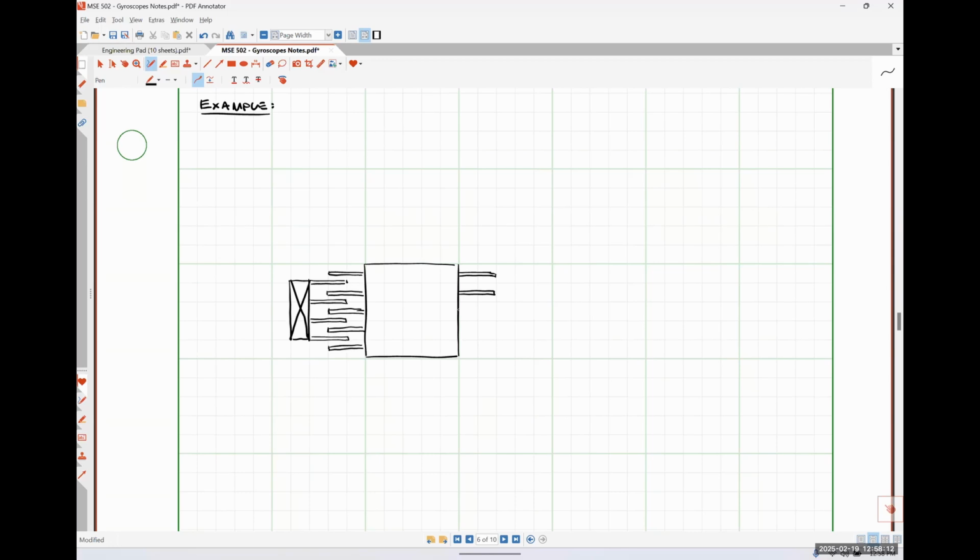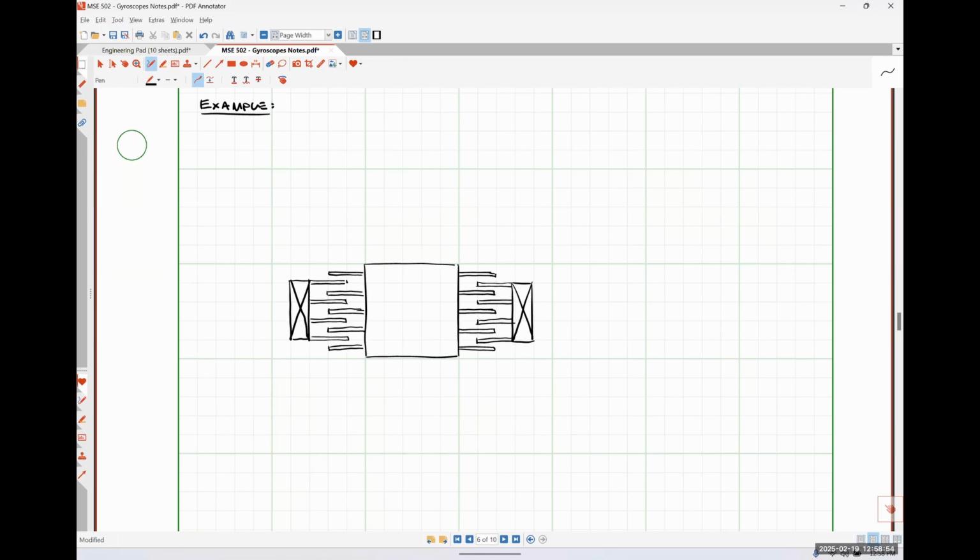We're going to drive this thing left and right using these drive mode capacitive comb drive actuators.